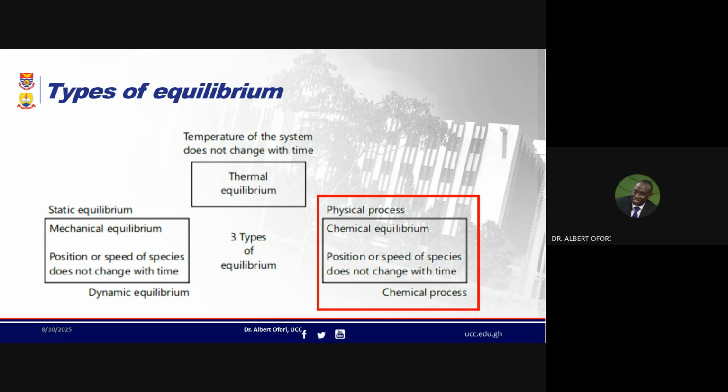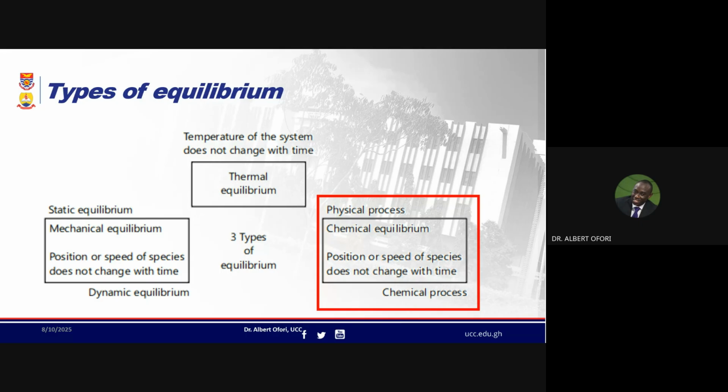Otherwise it will be rising until the thermometer and that body are in the same equilibrium so that we can record the temperature. The mercury becomes equilibrium with the body, so there's no temperature change in that system. We call that the thermal equilibrium.